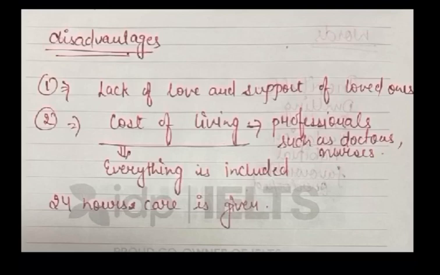Because they are habitual of living in a favorable environment, and when their environment suddenly changes, they feel loneliness. They even take some time to cope with the situations they are handling in the old age homes. So this becomes a reason for depression, because sometimes they feel very lonely.